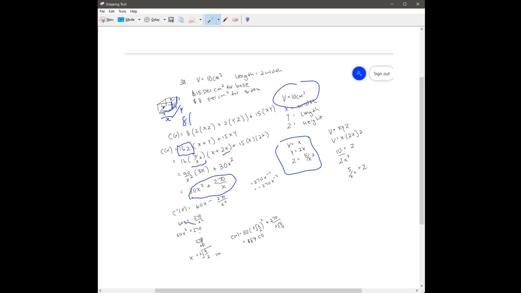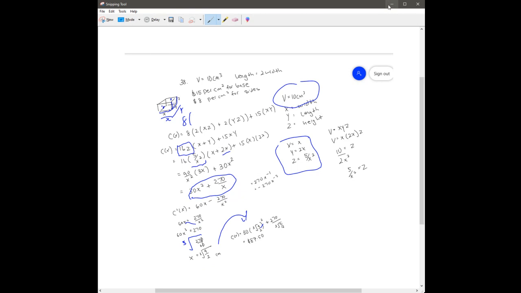I divide 270 by 60 and then cube root it. Then I simplify. So x equals the cube root of 9 over 2, and then I plugged it into the equation we got here to find the cheapest cost. When I plugged in, I got $87.50.